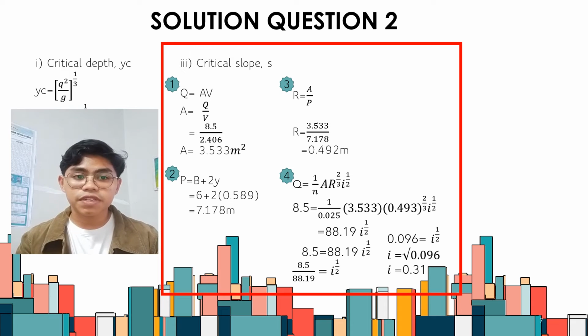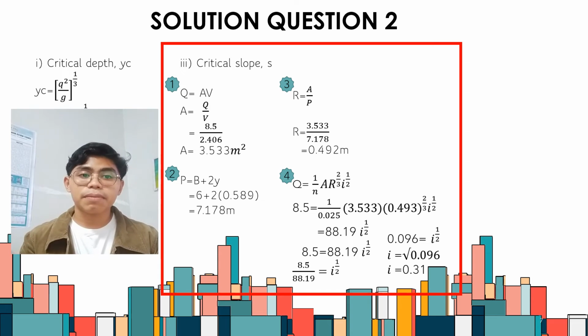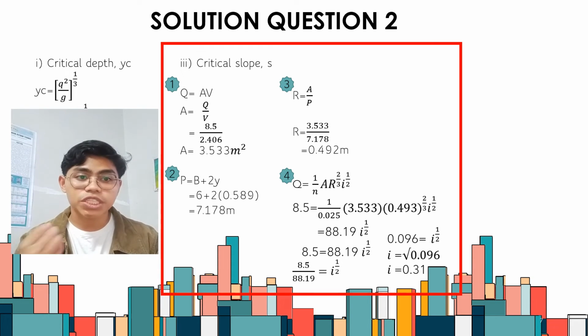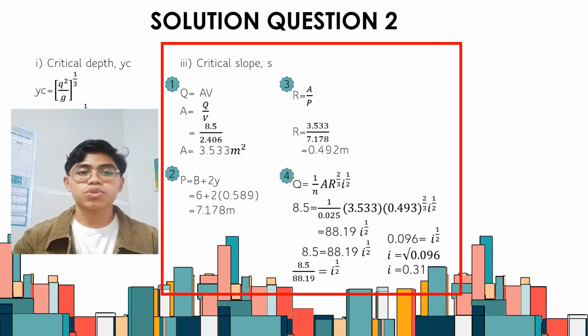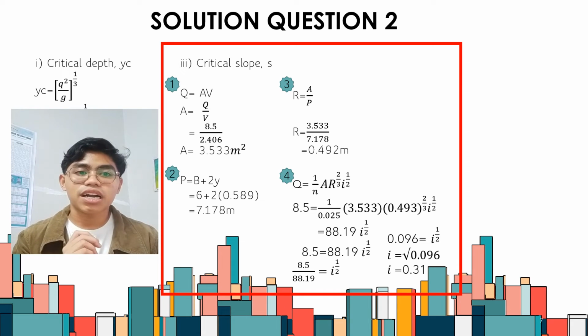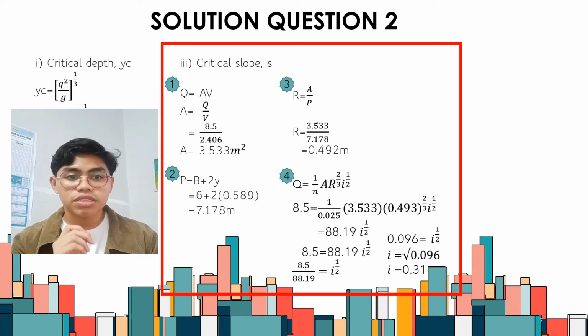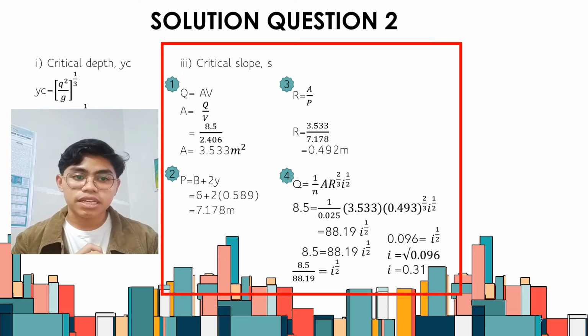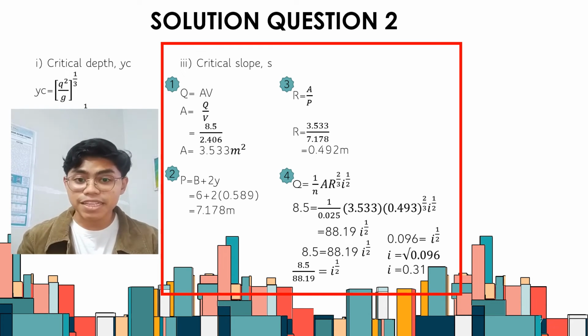So from the answer given, now we can put it aside and take the equation of P, which is P equal to B plus 2y, where y is the depth. Okay, so we take B from the data given, which is 6 plus 2 times 0.589. So we can get the answer of 7.178 meters.